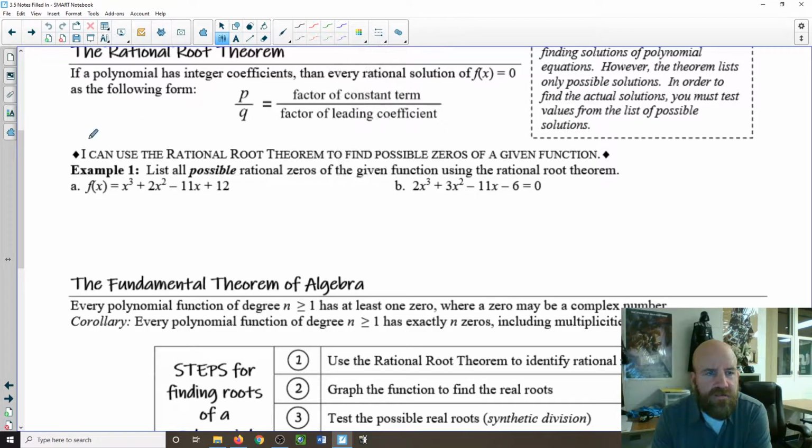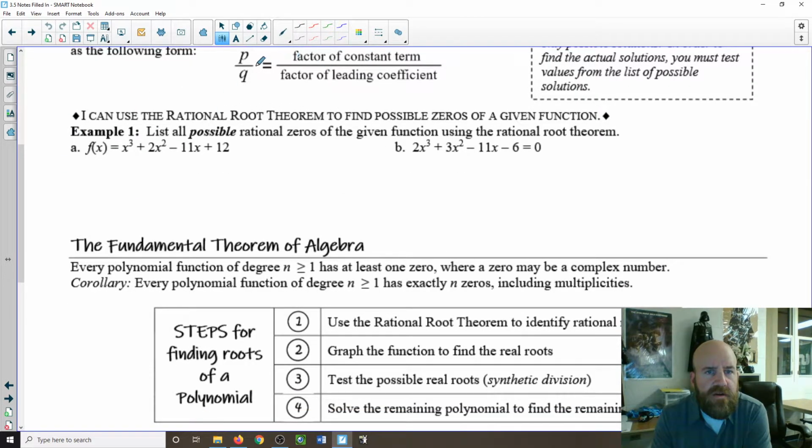So looking at the first problem here, we have factors of the constant term. So the constant term we're looking at is 12. So we need to think about all the possible factors of 12. So we're listing all possible rational zeros of the given function. That's all we're doing in this problem. So we have a factor of 12.